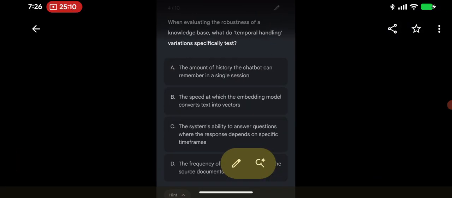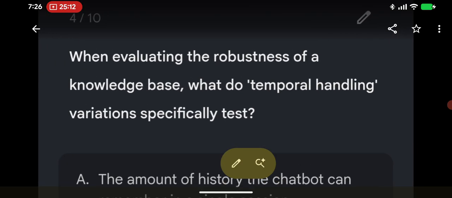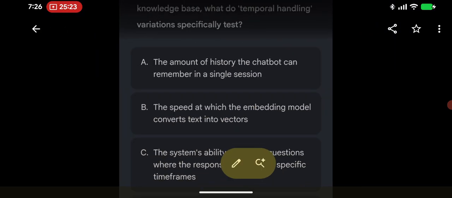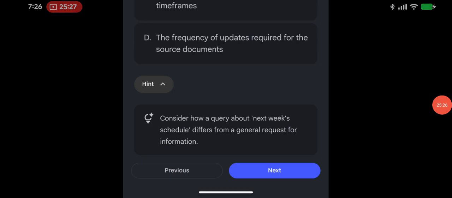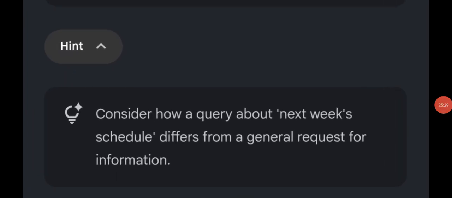All these questions are also available on a LinkedIn blog, which I will share in the comments. The next question. When evaluating the robustness of a knowledge base, what do temporal handling variations specifically test? And here is the hint.